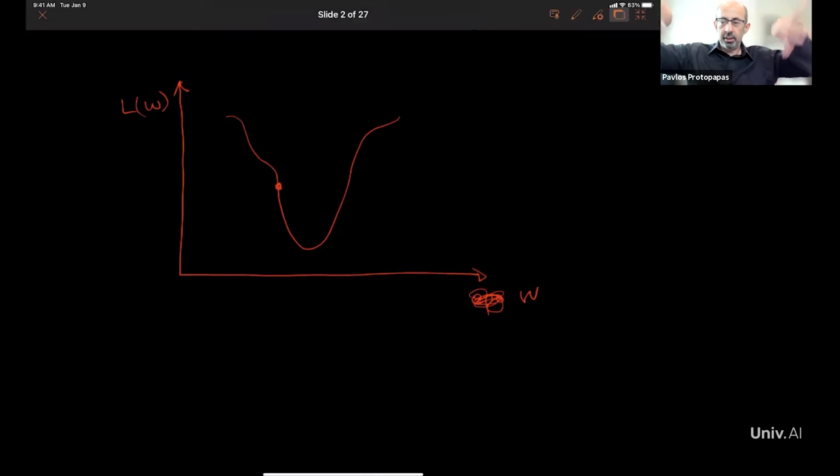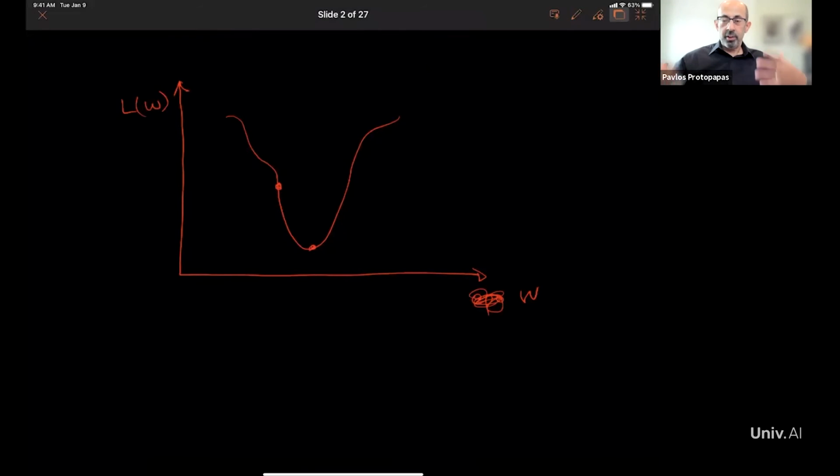Convexity means a nice little bowl. If I'm here and I do anything like gradient descent, you're guaranteed to get to the minimum if the learning rate is smaller than something. And that something will depend on the second derivative, which we haven't talked about.